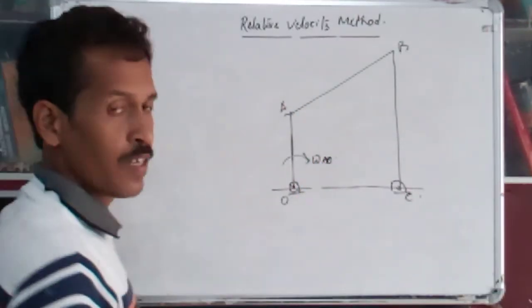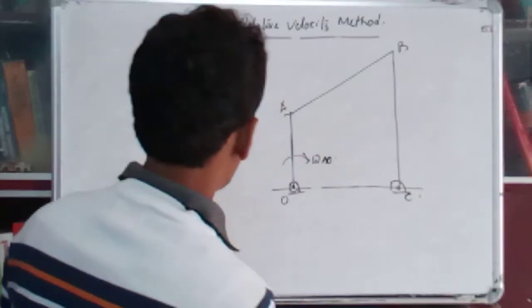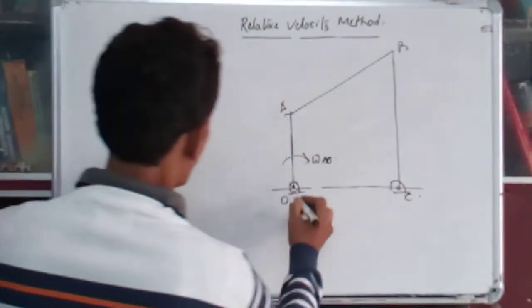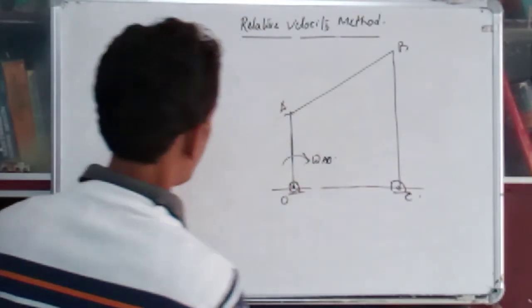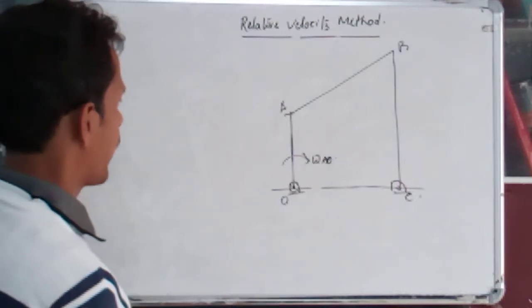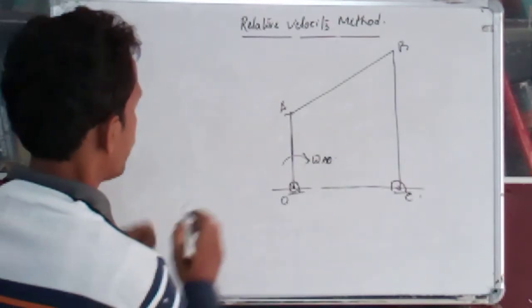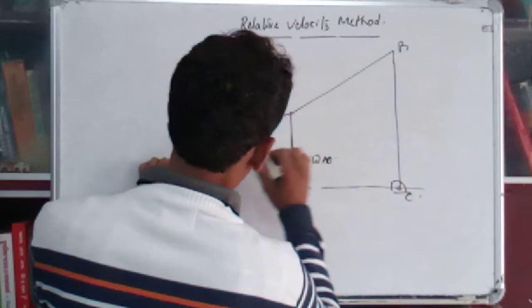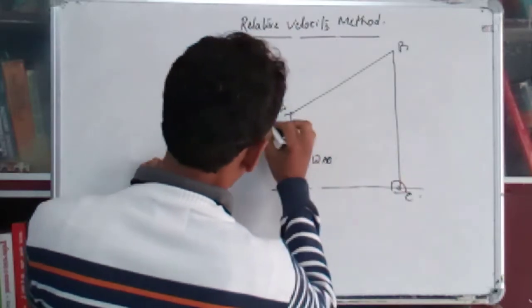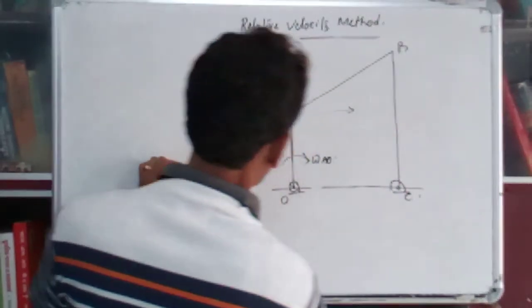Now we will draw the velocity diagram. Again we consider the same method. As it is rotating in the clockwise direction, the direction of this velocity will be straight.